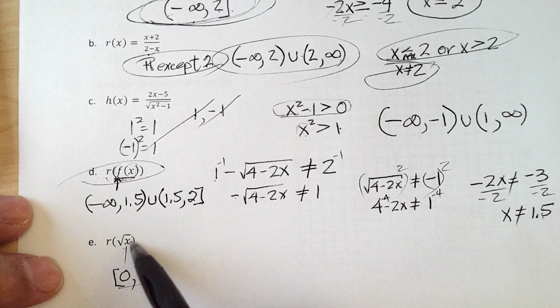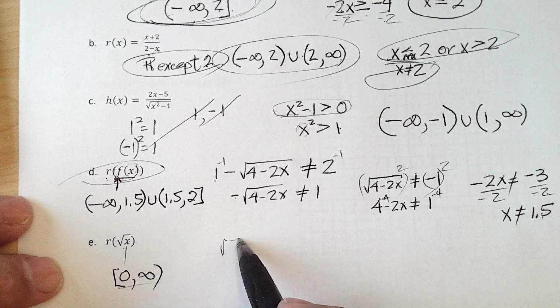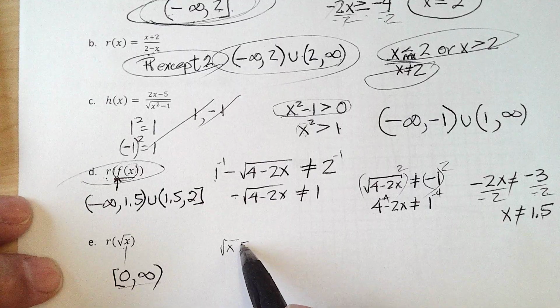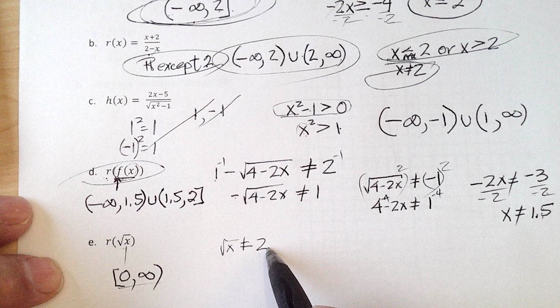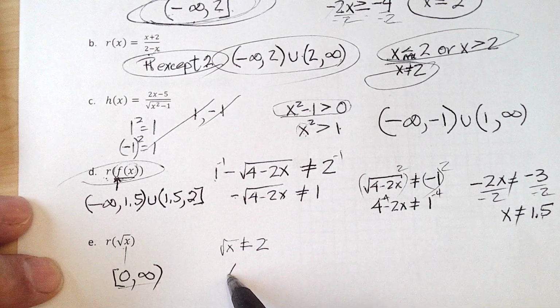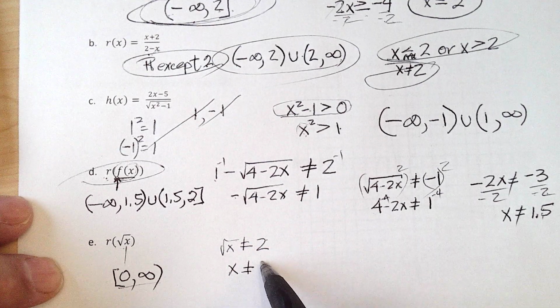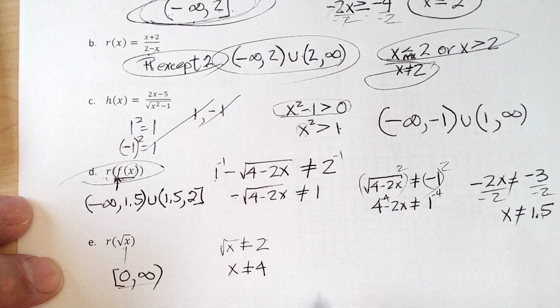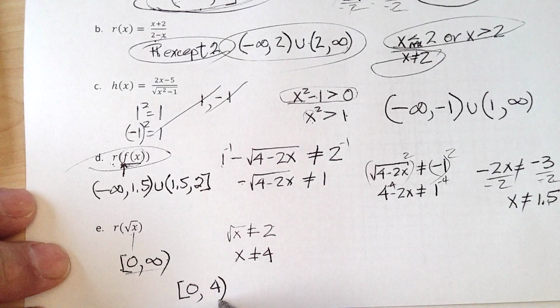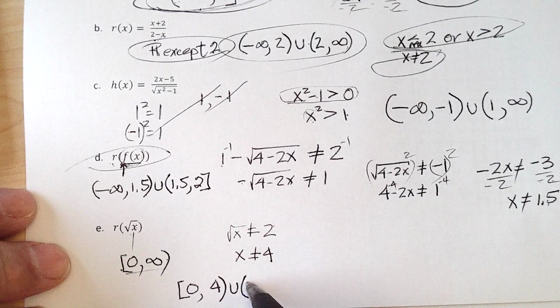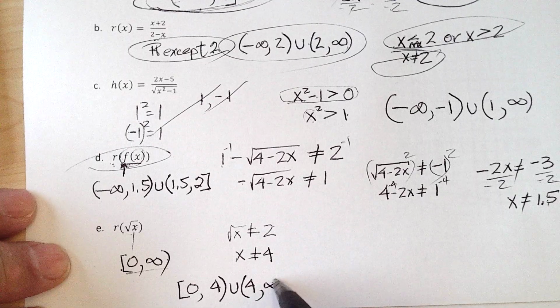But then what I get out, the square root of x, cannot equal, what can't I use in R? 2. So if I square both sides, I get x cannot equal 4. So I have to be somewhere between 0 and infinity, but not 4. So it's going to go from 0 to 4, skip over 4, and go from 4 to infinity.